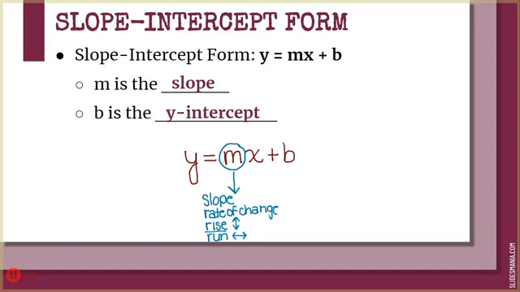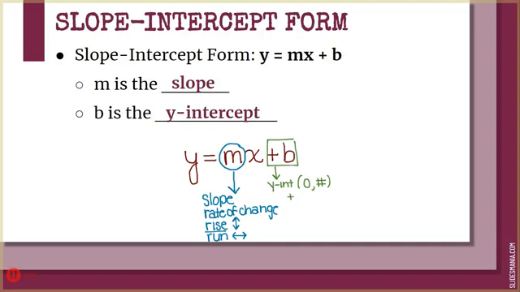And then we have the plus b. That will not always be an addition sign. That will depend on whether your y-intercept is positive or negative. So this does stand for the y-intercept. And remember, your y-intercept is where your graph crosses your y-axis. So the ordered pair is always 0, comma, and a number.